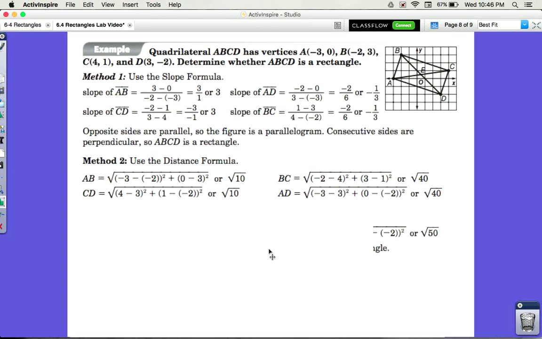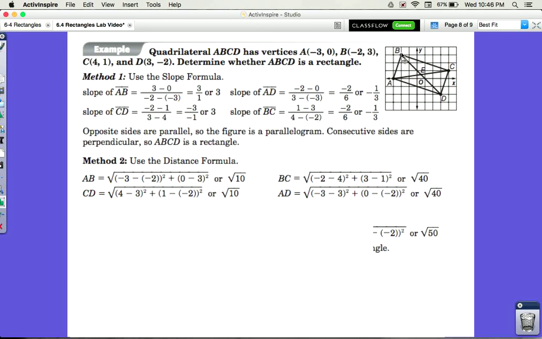We found that AB has a distance of the square root of 10, and CD also has a distance of the square root of 10. BC has a distance of the square root of 40, and AD has a distance of the square root of 40. With all of that information, I know that this is for sure a parallelogram.